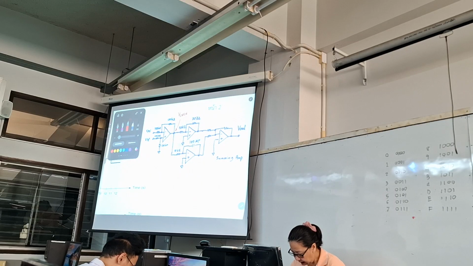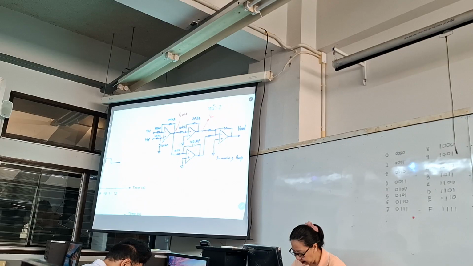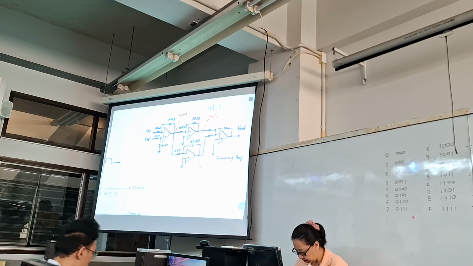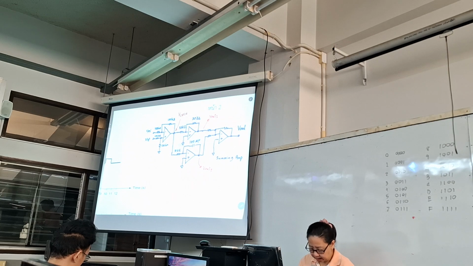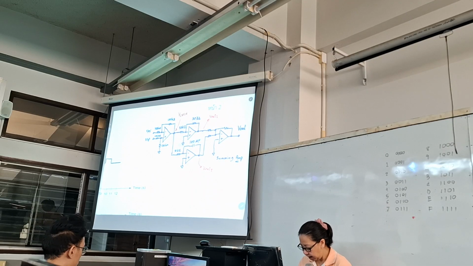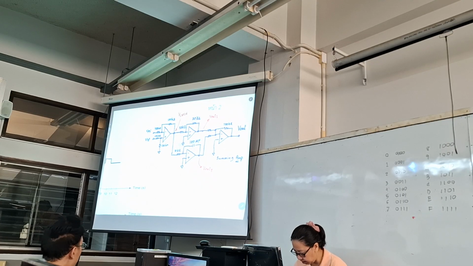So the output from the P controller I will call V out 1, and the output from the I controller I will call V out 2. And of course, because we don't need any gain at the summing amplifier, I can use the same resistor value for all resistors in the circuit.